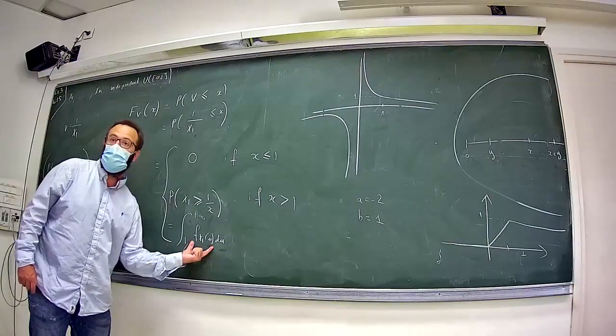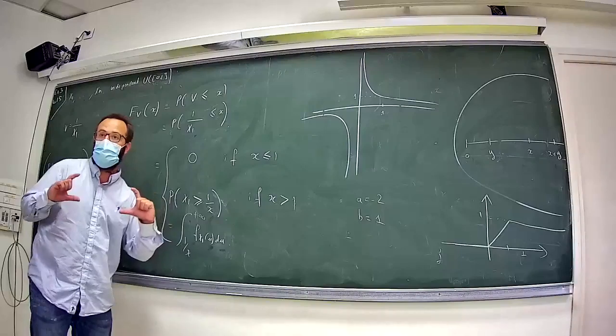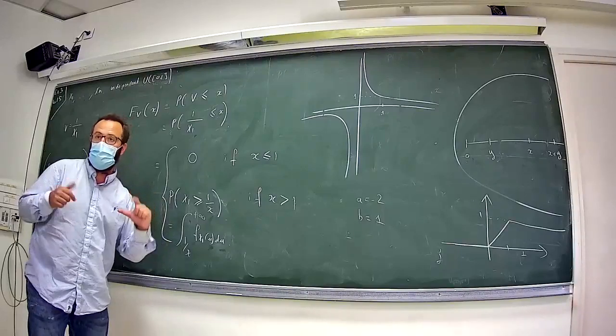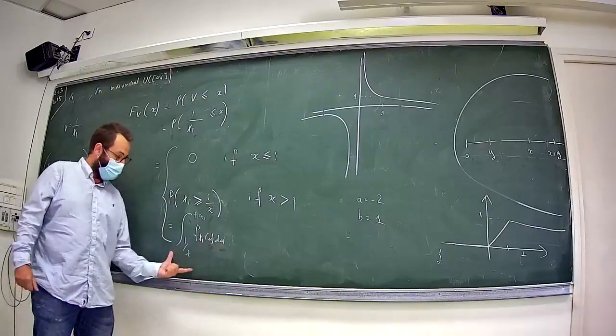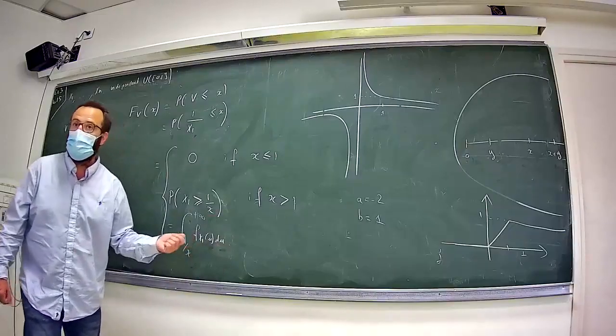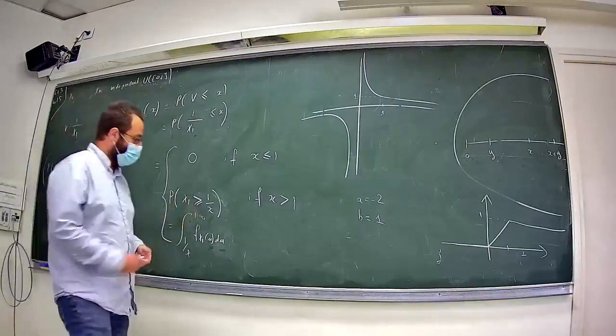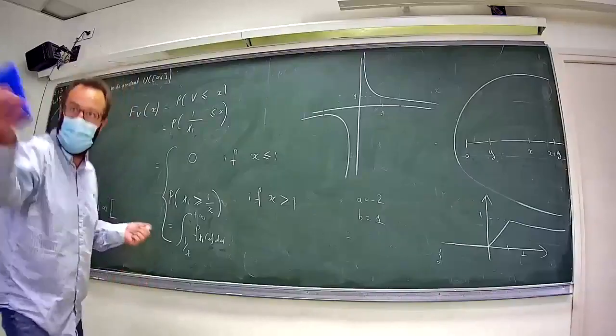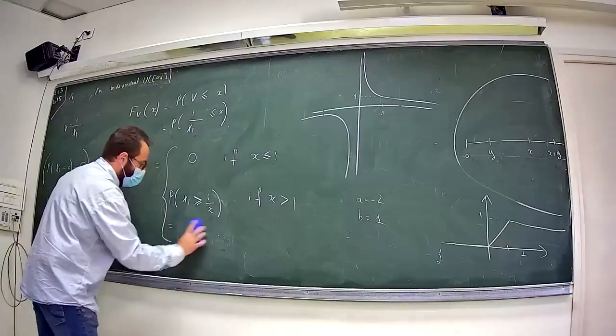The density is 0 if u doesn't belong to the interval 0, 1, and it's equal to 1 otherwise. If you want to develop, be careful. So that's why I will do directly the job. I don't write this, but you can do it, and you obtain, of course, the same result.